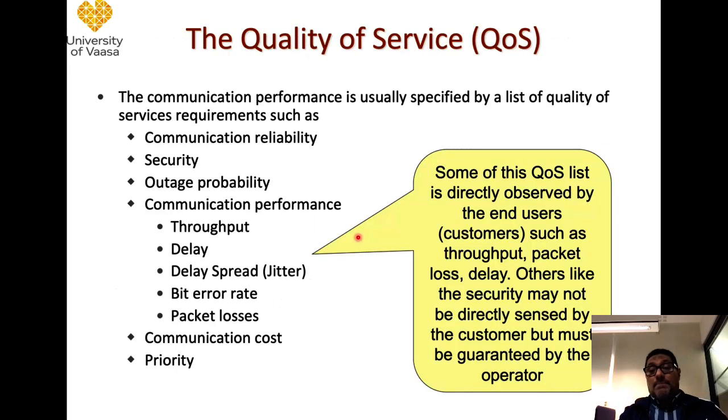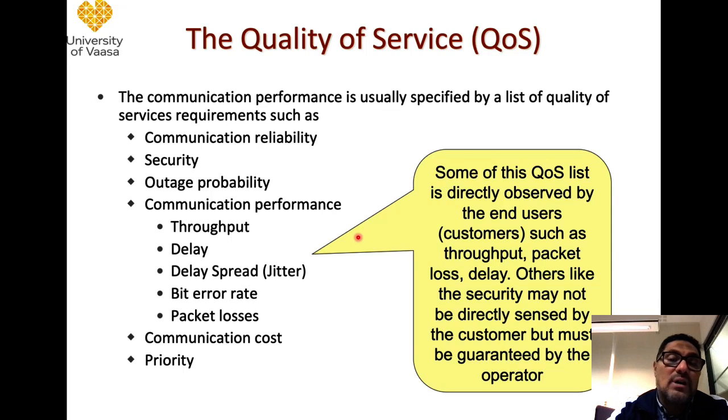Now we come to another very important topic in this lecture, the quality of service. We said that communication is important for the smart grid, but not just any communication. Every part in the smart grid needs certain specifications to guarantee successful communication in that part, in the control, in the protection, in monitoring, for example.